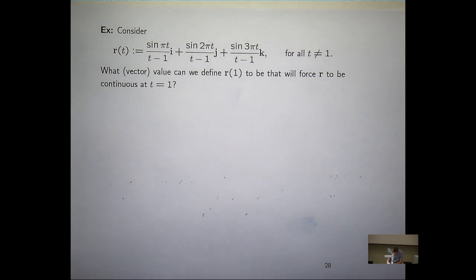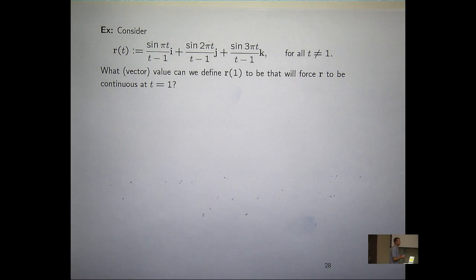This is similar to some of the problems from maybe 1-1-3-1, but it's in a vector setting now. Can anyone suggest how we might tackle this problem? Yes, the individual limits.